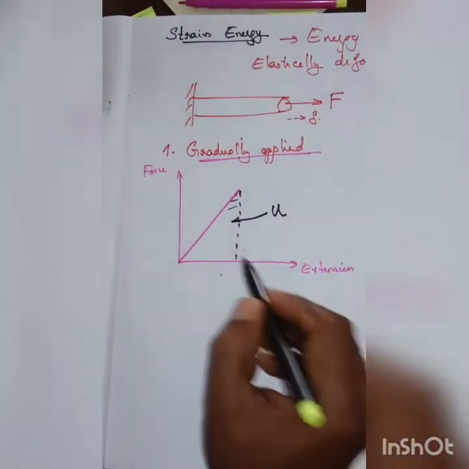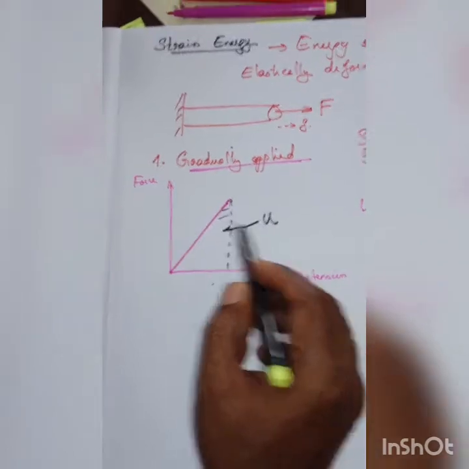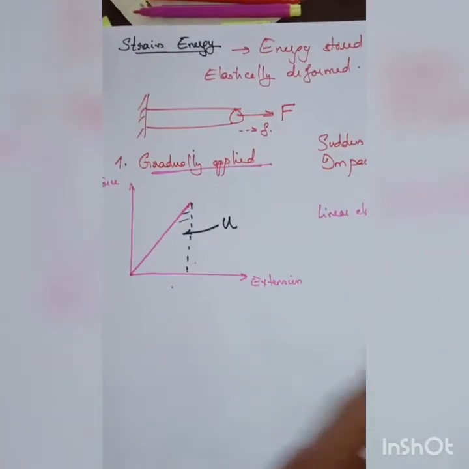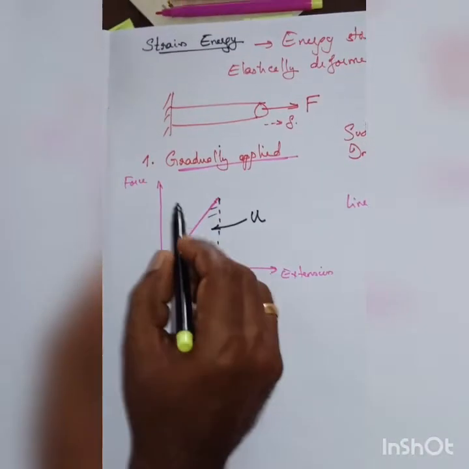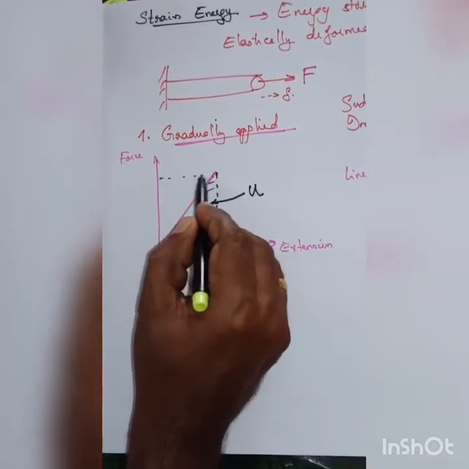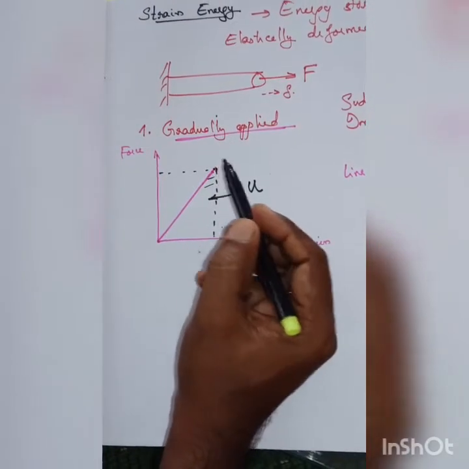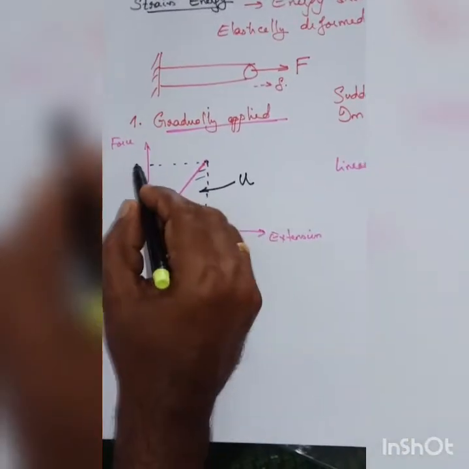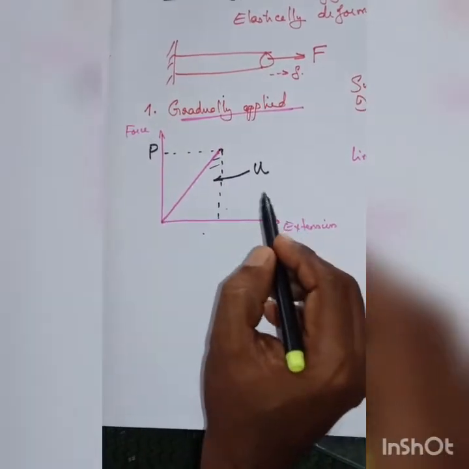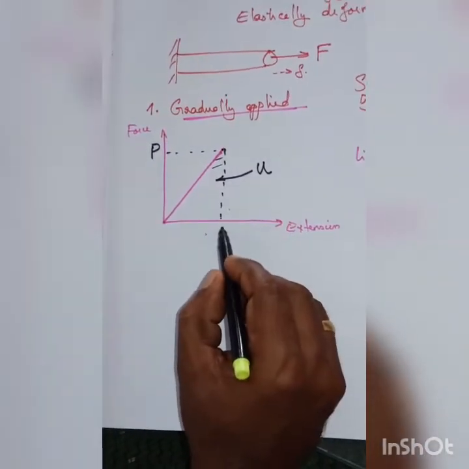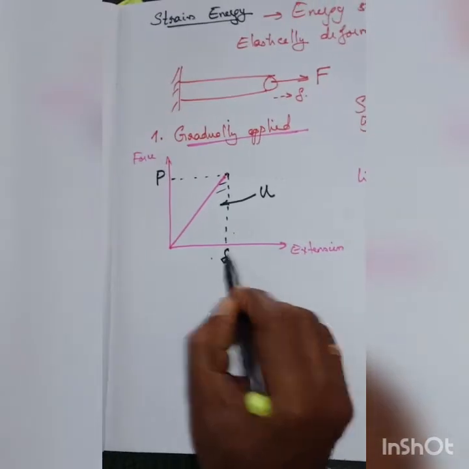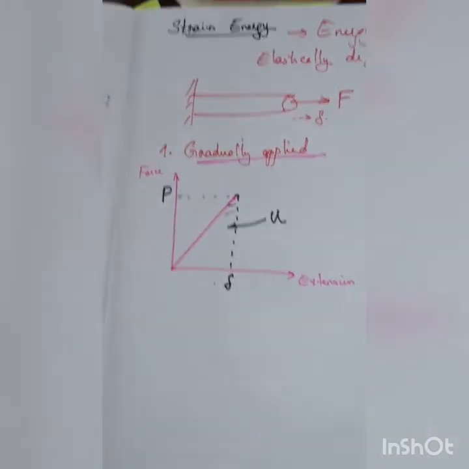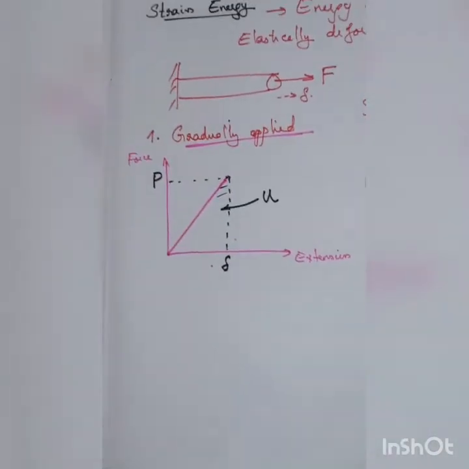So how will you get the equation for strain energy from this figure? Let the load be P and the corresponding extension be delta.